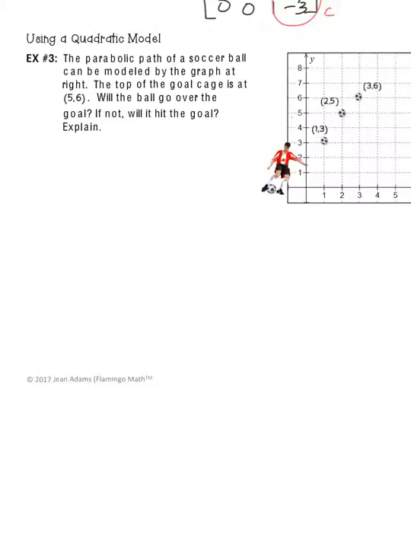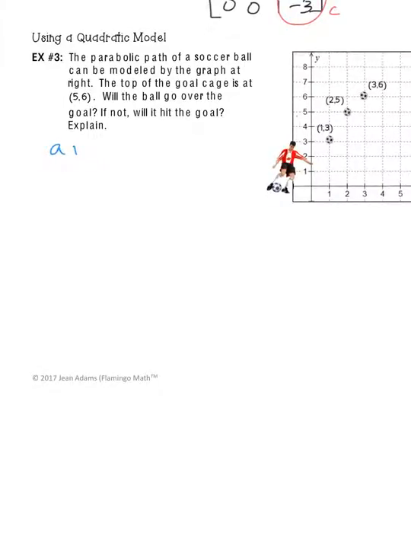Okay, so I'm going to write out what the matrix should have been that you got. When you plugged in these 3 x and y values into ax squared plus bx plus c equals y, you should have gotten the following system of equations. For the first ordered pair of 1, 3, you should have a plus b plus c equals 3.